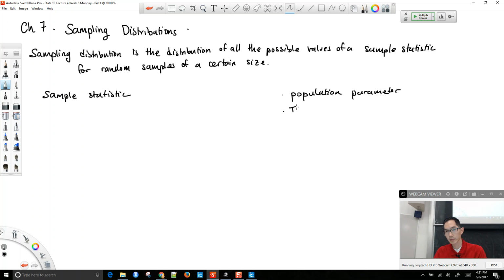Remember, the goal in statistics is to make conclusions about the population based on limited data.